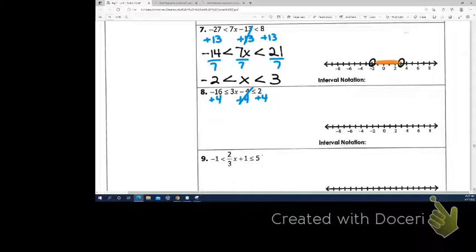So negative 16 and positive 4, negative 12. 2 and 4 make 6. And the x is closer to being by itself. Now we'll divide by 3. So negative 4. 6 divided by 3 is 2.